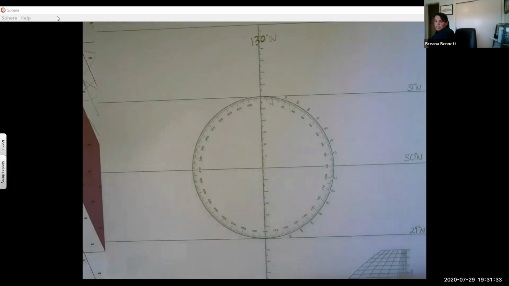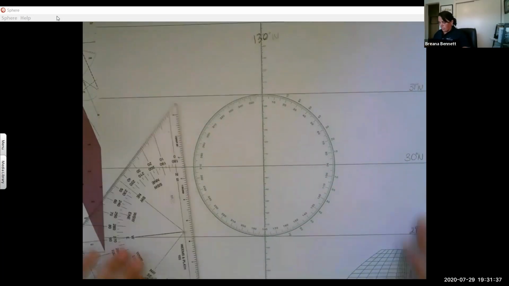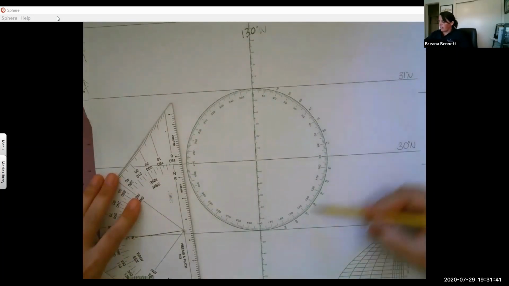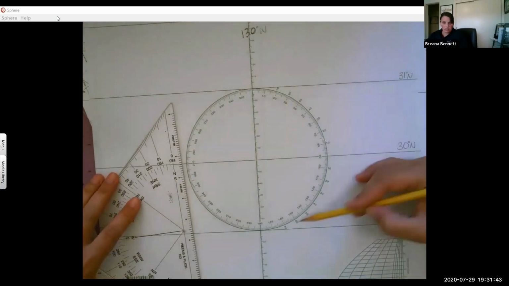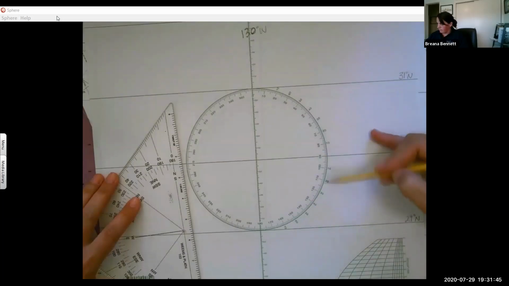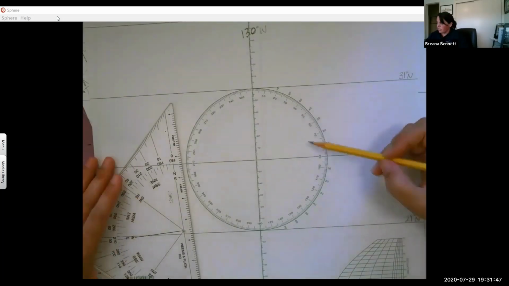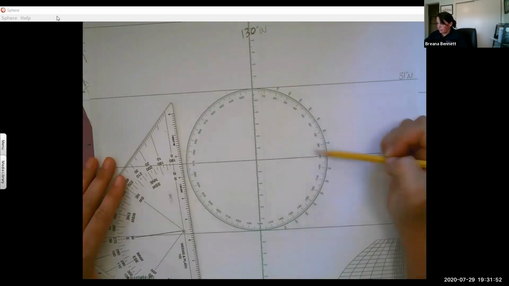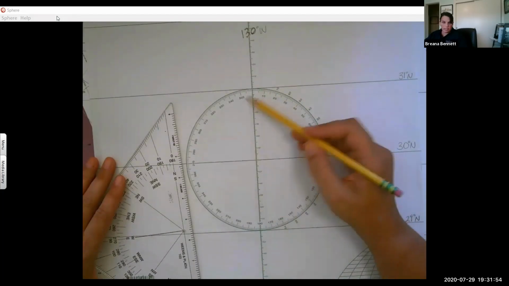So there's two ways to do it. I'm going to show you both ways. You can see the numbers on our compass or circle here. We have the compass where it's 0, 10, 90, 180, 270, 360.